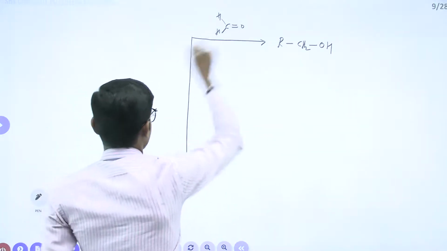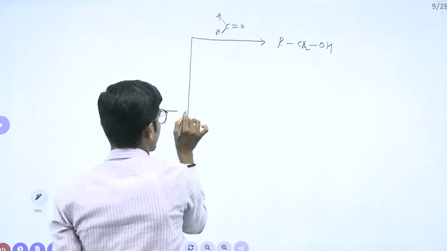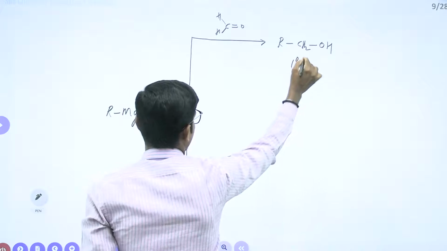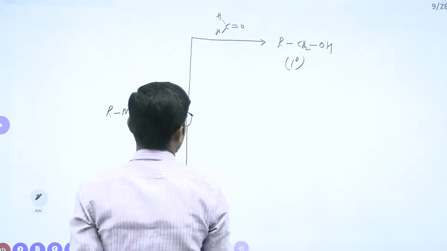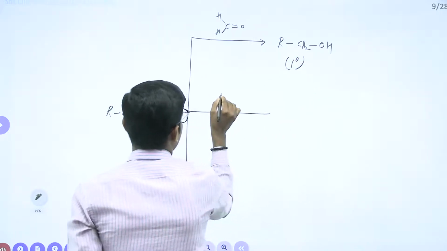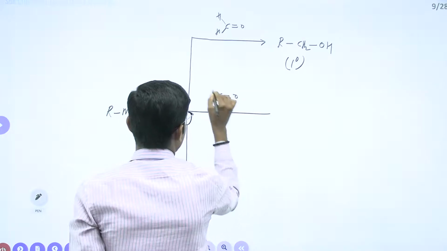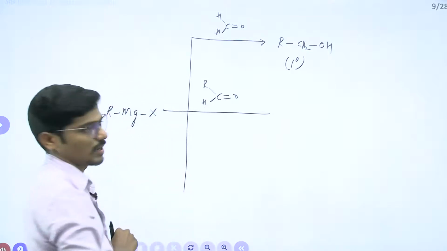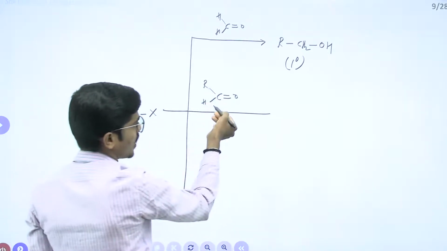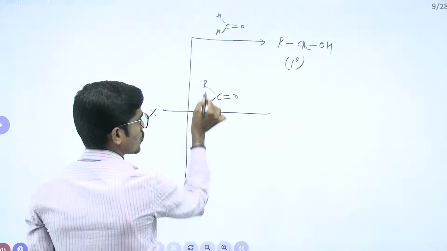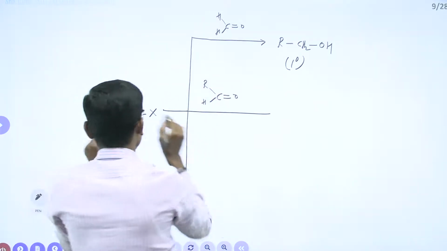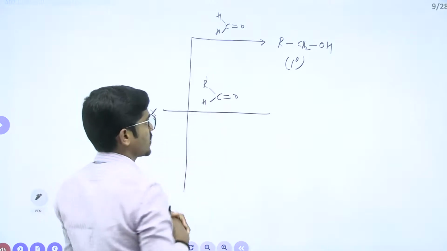So in the first step, when the Grignard reagent is treated with formaldehyde followed by hydrolysis, we are getting a primary alcohol, 1 degree alcohol. Second, when this is treated with any aldehyde other than formaldehyde, one hydrogen, and the other group is R group, let us consider this as R dash.